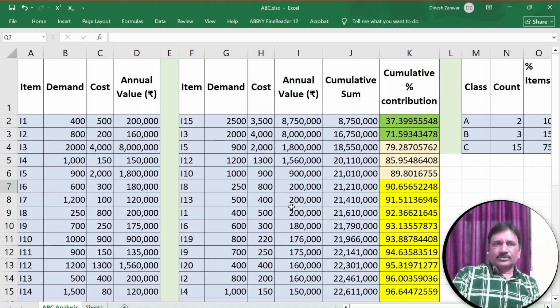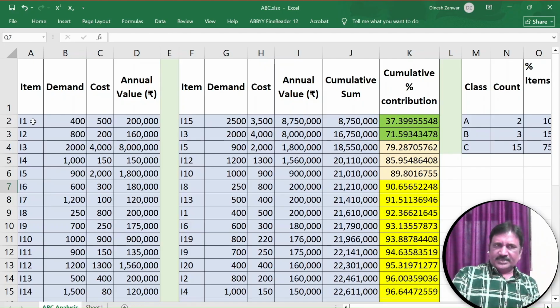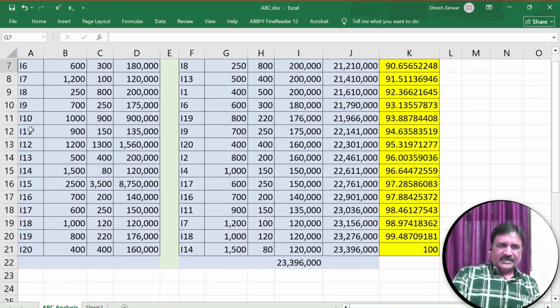Here I have the data for, say, something like 20 items. I'll be sharing this Excel sheet and even the PowerPoint presentation with you so that you can understand the things yourself. So there are 20 items.